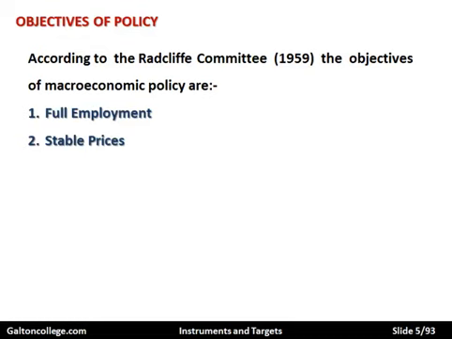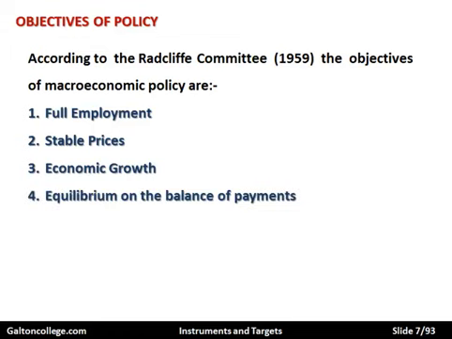Also, stable prices. There shouldn't be inflation, or there should be very low levels of inflation. It should have a high rate of economic growth, because we like to be better off year on year. We like to have more to spend year on year. There should be a balance, or an equilibrium, in the balance of payments.